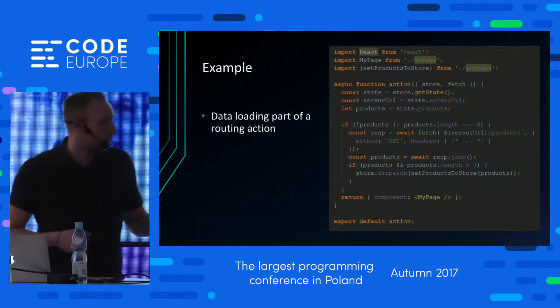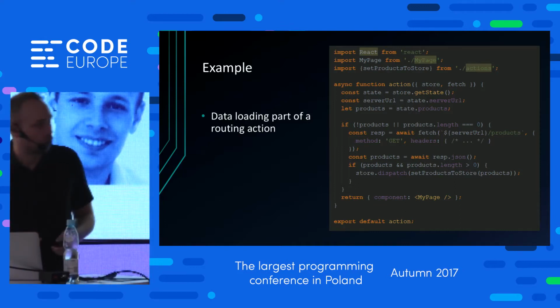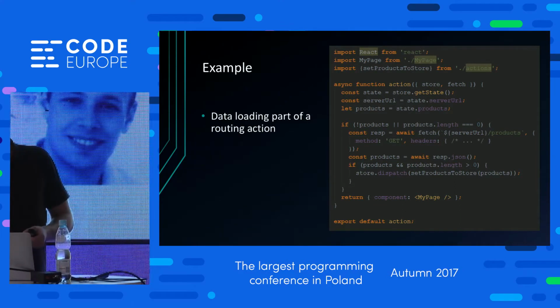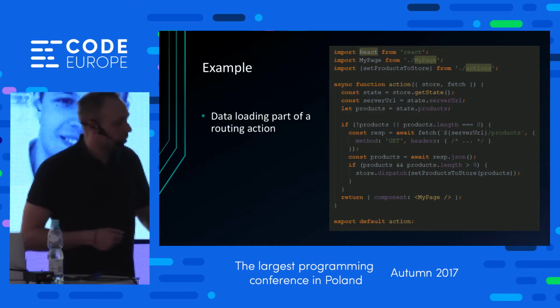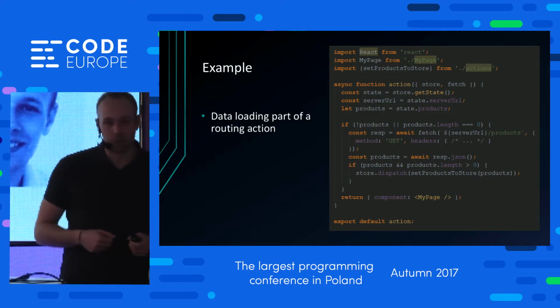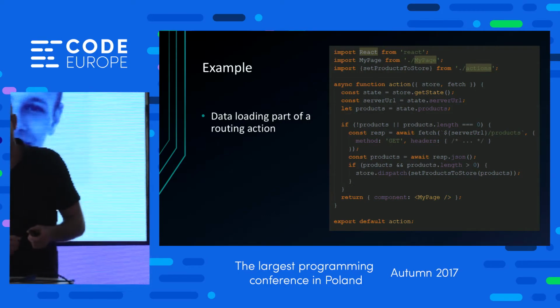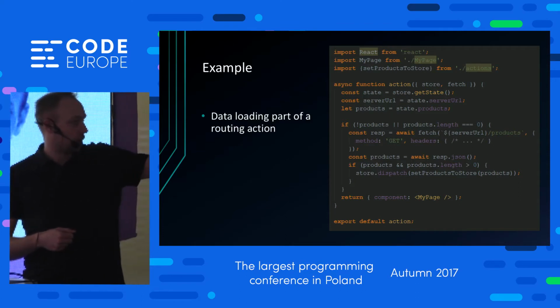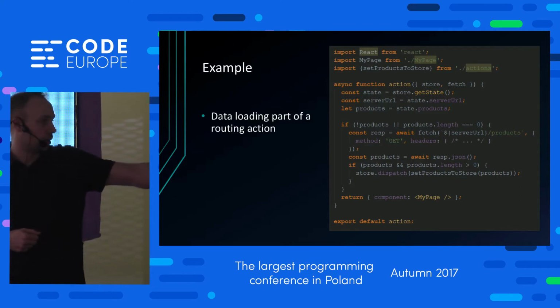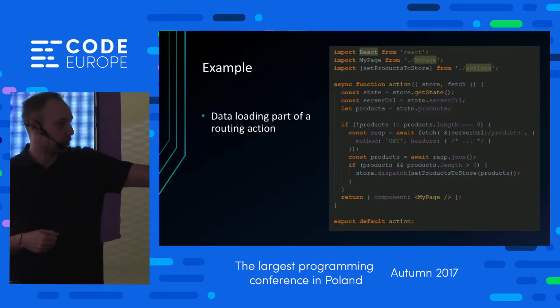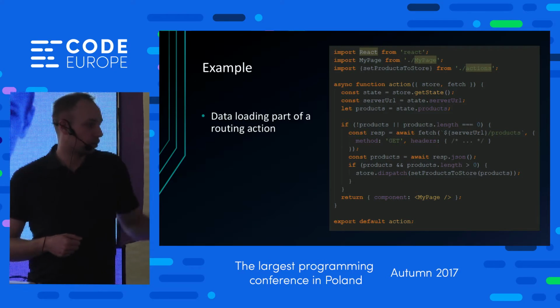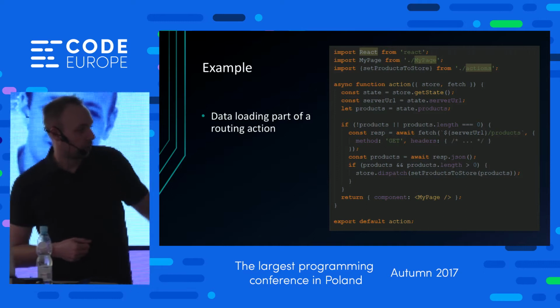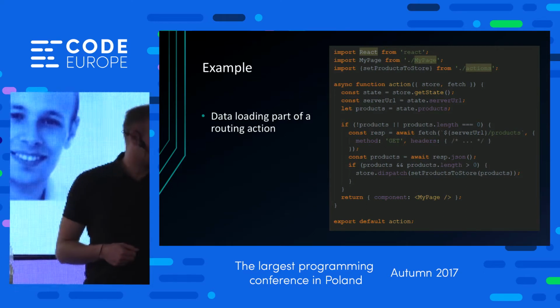And this is an example of how you would do routing in a server-side React application. So basically, this is the action that is called by the router when you actually hit the page. And it's an async function that will use the store to check what's already in there. And if you don't have what you need, you will actually make an async call to your server and store your data in the store.